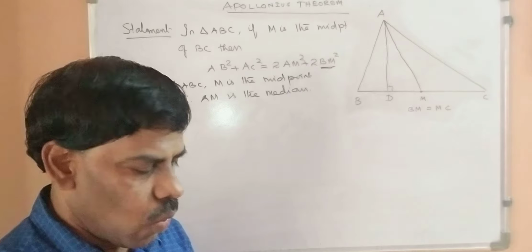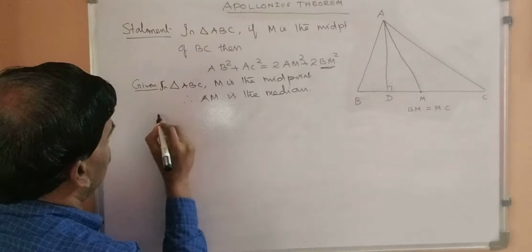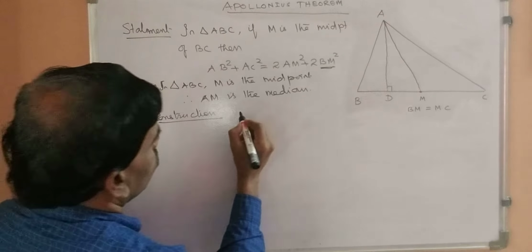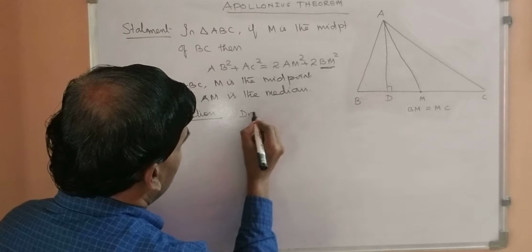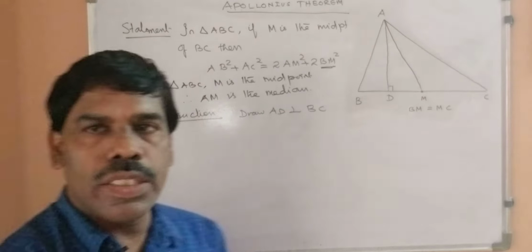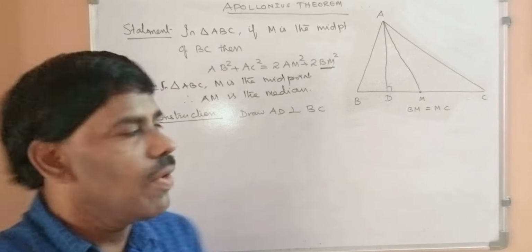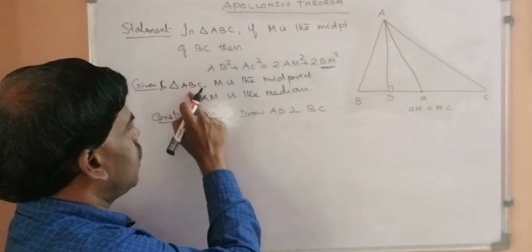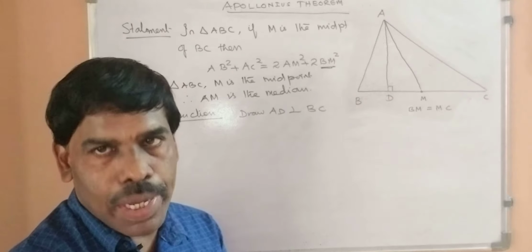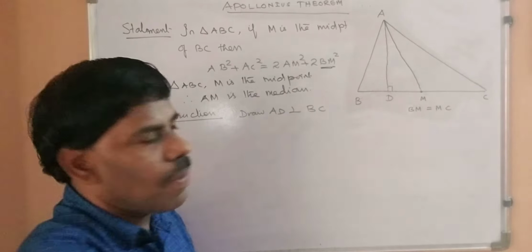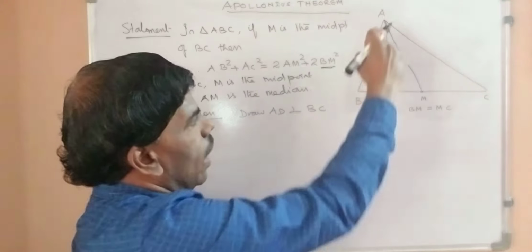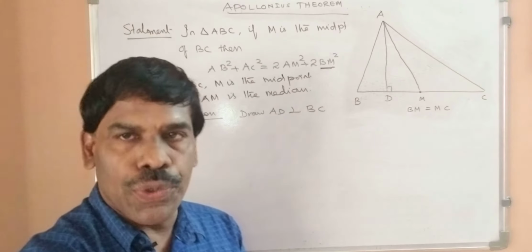Now, construction: draw AD perpendicular to BC. Very simple construction we have done. We have written what is given to you. ABC is a triangle and M is the midpoint. Therefore, AM is the median. Now, we have drawn a perpendicular from A to the side BC, so AD is an altitude, right?